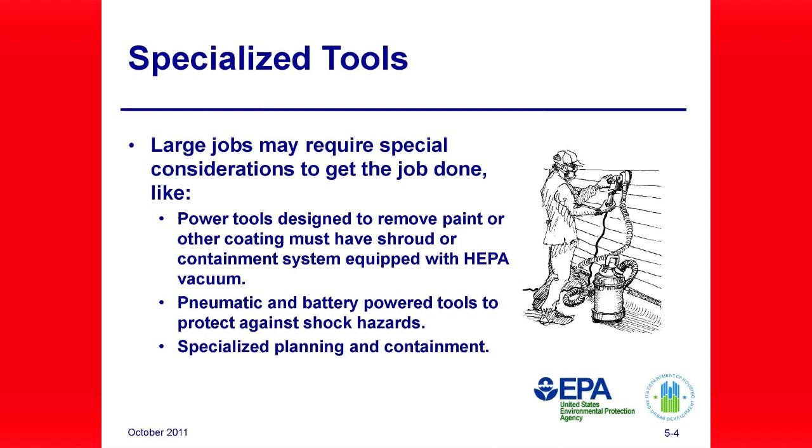Abrasive blasting is very effective at removing large areas of paint quickly, but these practices require special HEPA filtration equipment that contains a blast medium, dust, and paint chips without releasing dust into the air or into the containment.